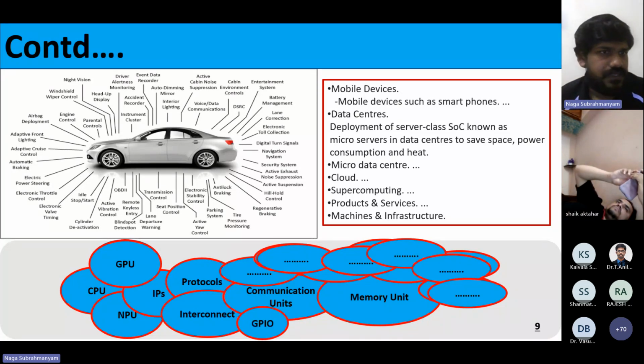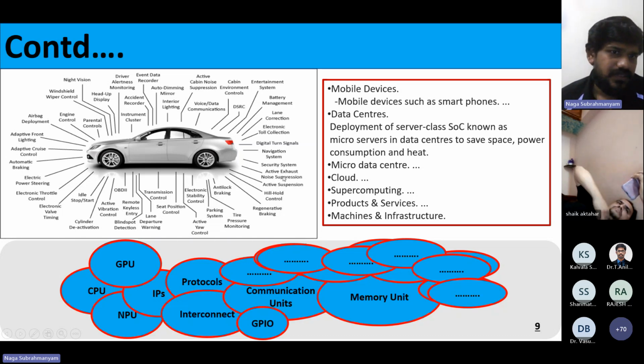See, here so many things are there, and it is very difficult to put all of them in one particular chip.